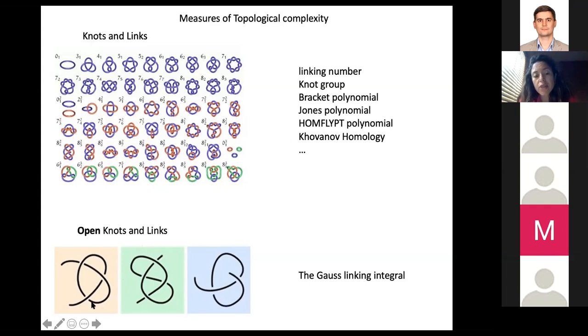So instead of measures that are invariant under motion of the chains, for open knots and links we are seeking measures of entanglement complexity that would be continuous functions of the chain coordinates in the case of open curves. The only measure of entanglement that, until recently, we had rigorously defined for open curves in 3 space was the Gauss linking integral.